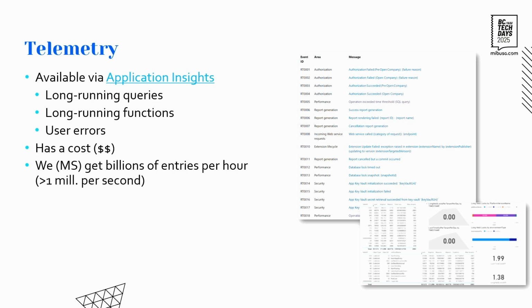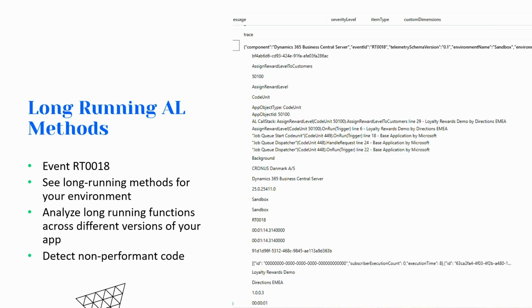But if you have telemetry, then you can build Power BI reports and such on top. This is just an example of one of them. I won't go into details, but when you have it, you get interesting information like which code unit it is. I think this is a demo from somewhere.